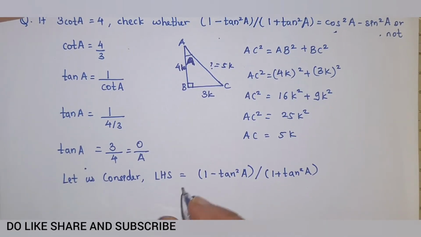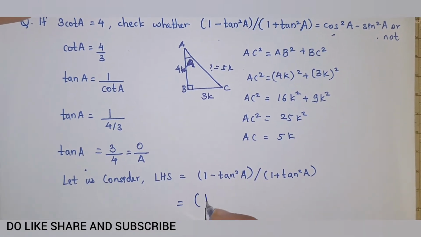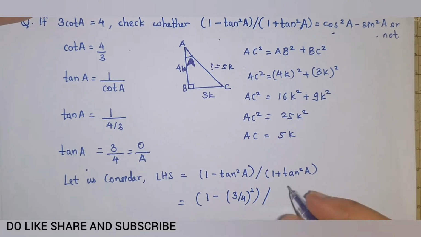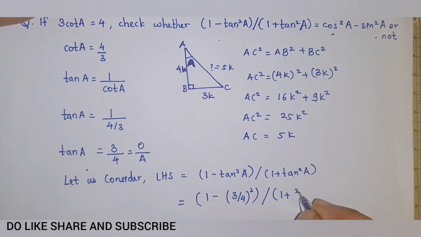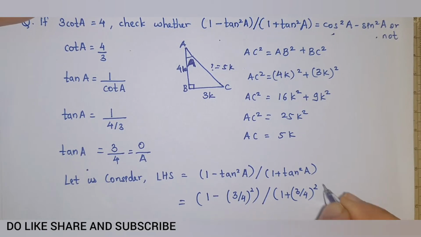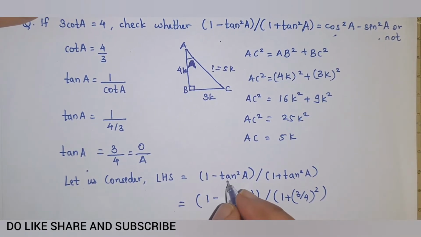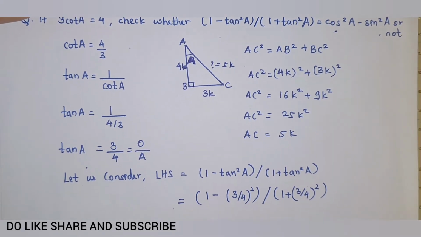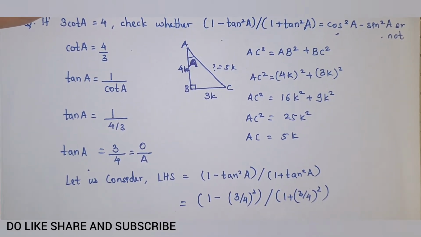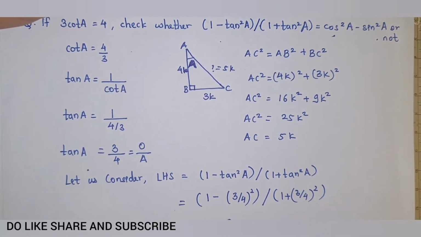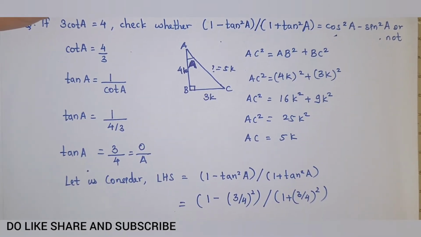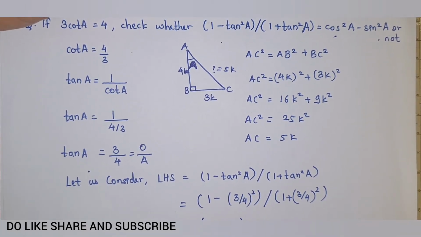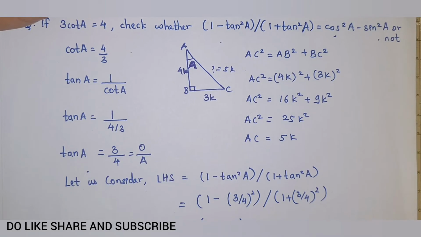Now substituting the values, we will be getting 1 minus (3 by 4) bracket square divided by 1 plus (3 by 4) bracket square. Here tan A bracket square will be equal to (3 by 4) bracket square. So we'll be getting 1 minus 3 3s are 9, 4 4s are 16, completely divided by 1 plus 9 by 16.